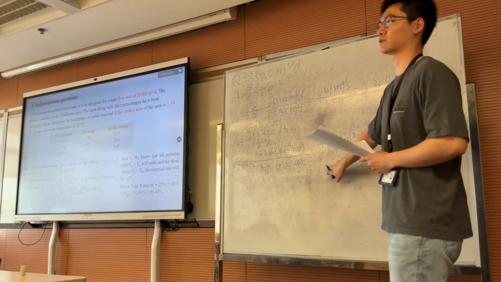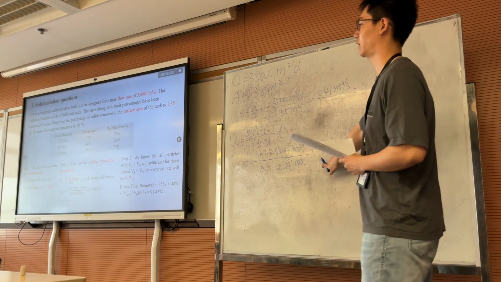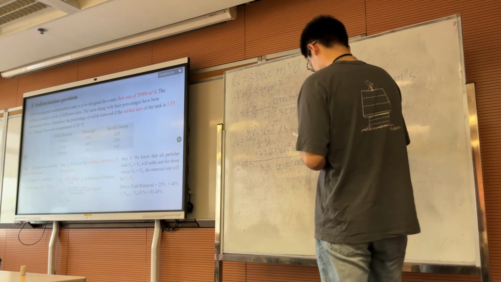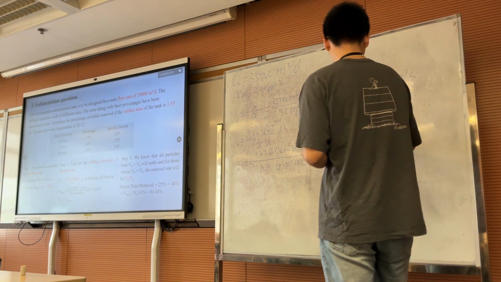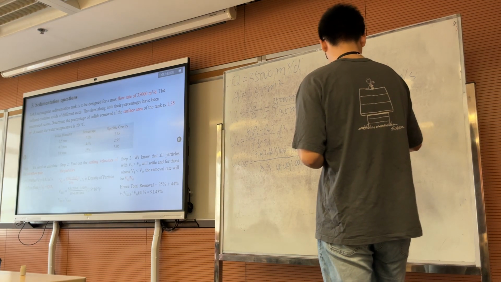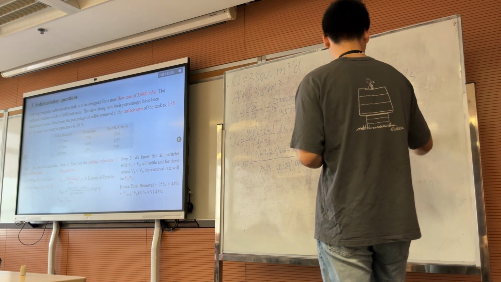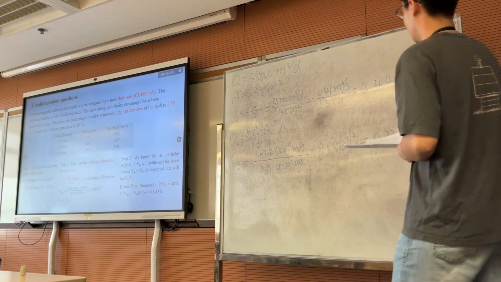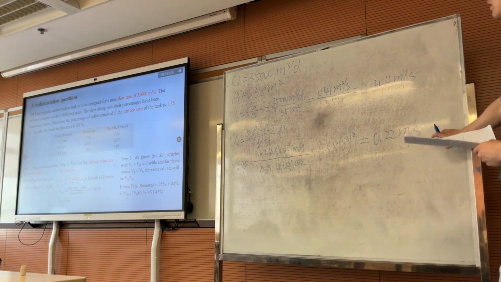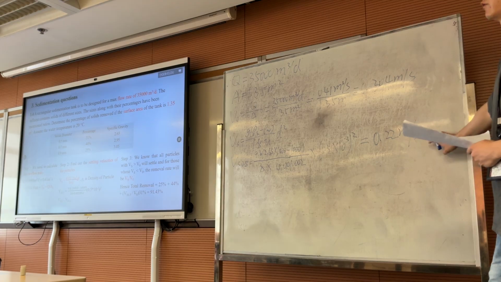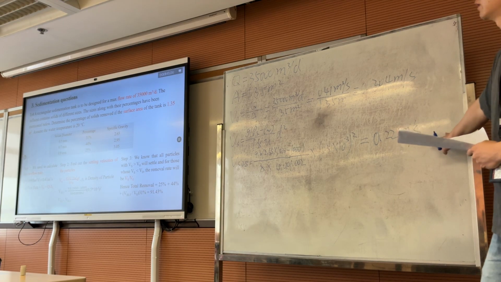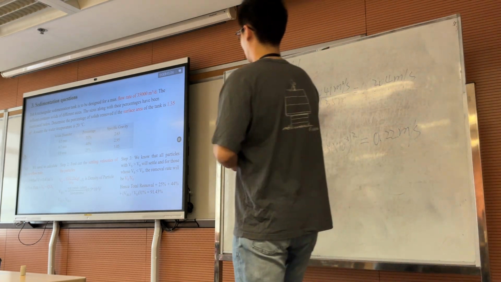We want meters, not mm. So we calculate the settling velocity for the first particle, and the same for the other two particles.